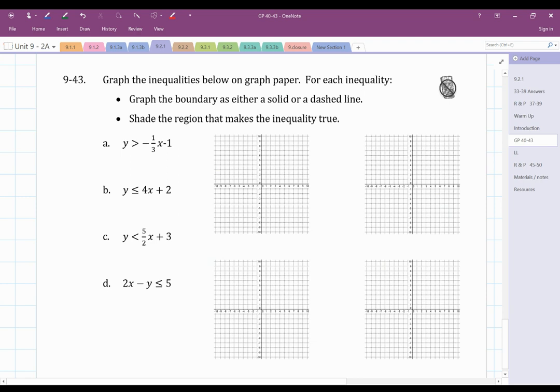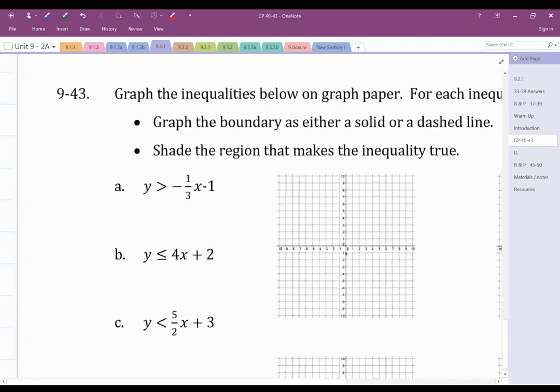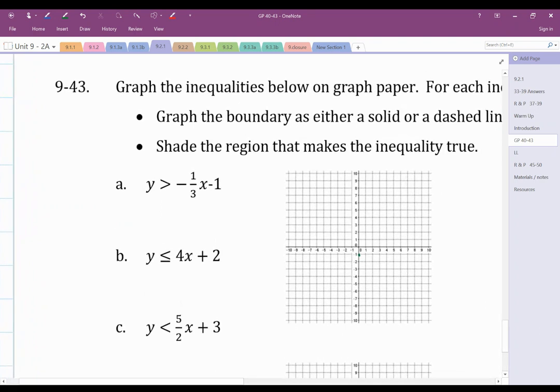First, we need to graph y is equal to negative 1/3 x minus 1. So first, we graph our negative 1. Okay, that's our y-intercept. So that's negative 1 somewhere here. Let me make a closer look so that we can see the graph clearly.